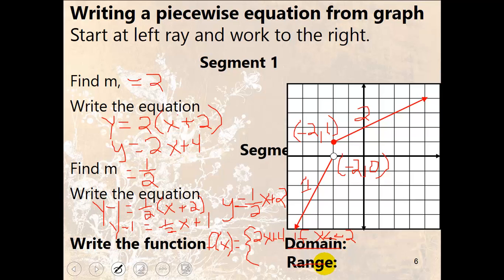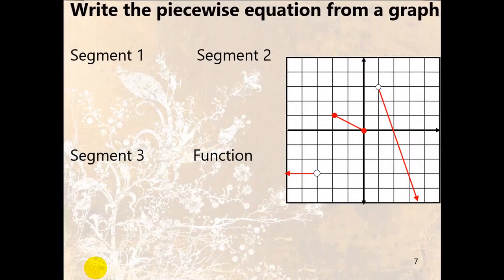And then it follows 1/2 x plus 2 if x is greater than or equal to -2. Okay? All right, so here's 3 pieces. Why don't you go ahead and try this and then hit pause and then come back and I will do it with you.